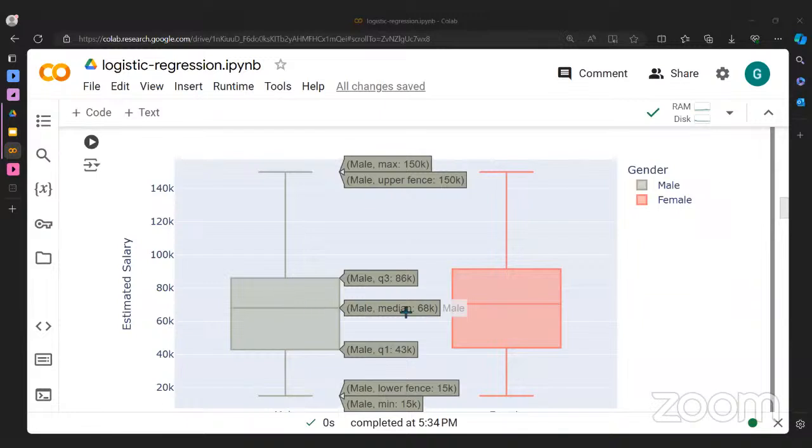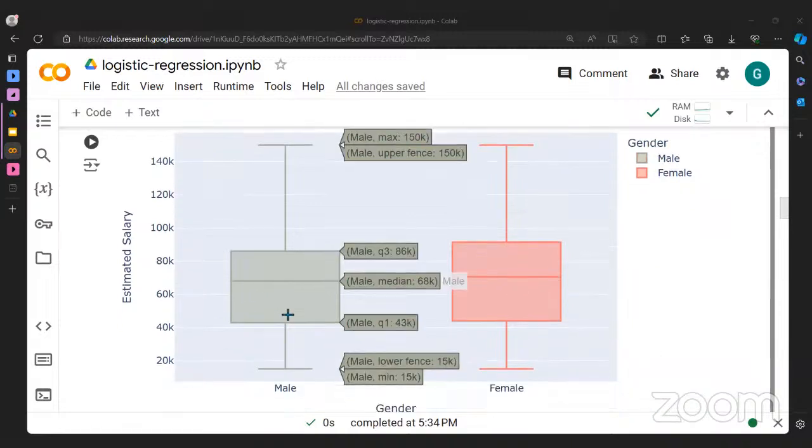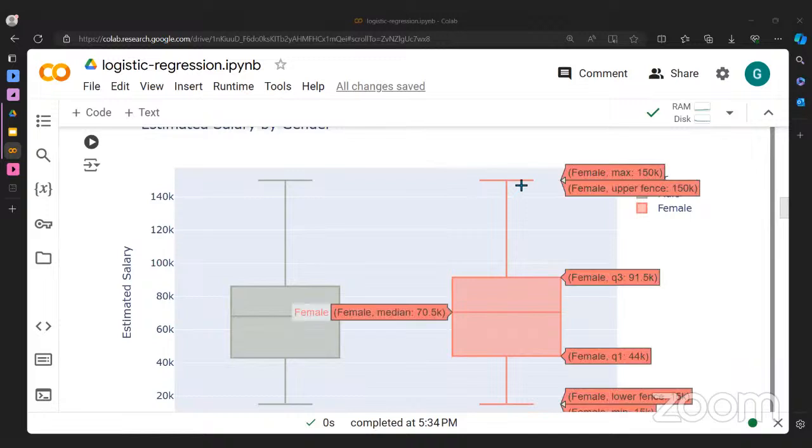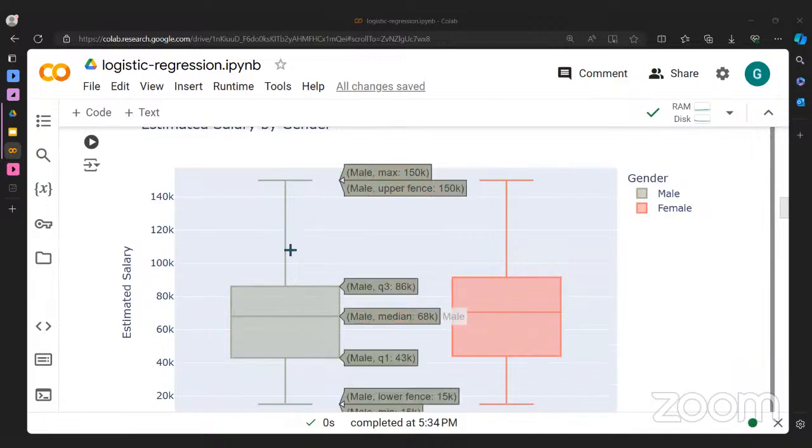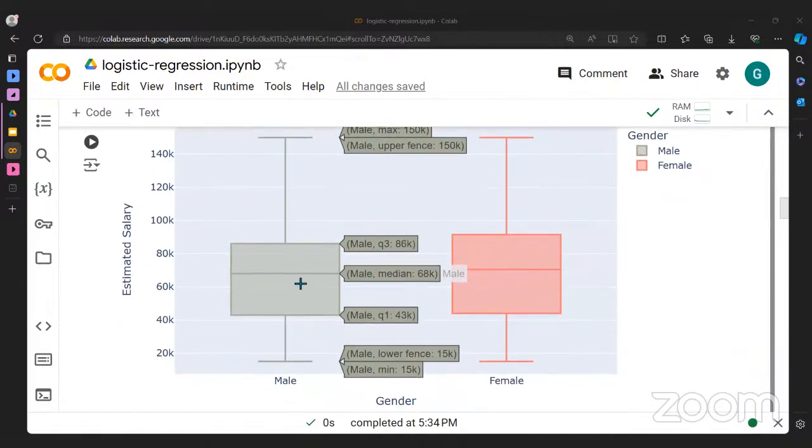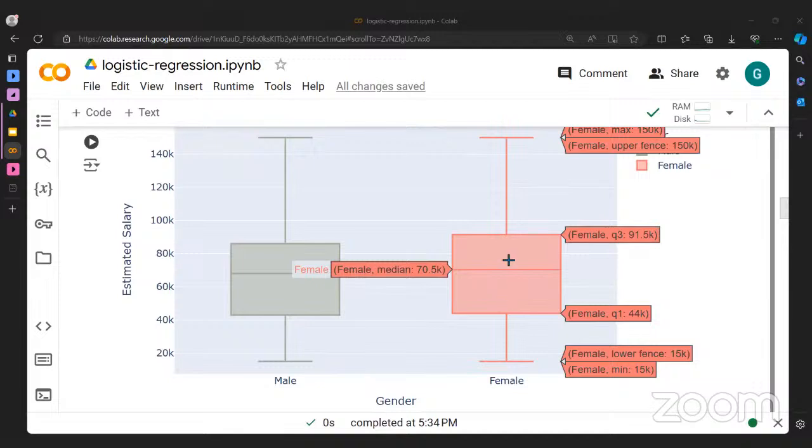I don't think the median is almost the same; the median of female is higher than that of male. But I think we have more females than males based on this distribution.